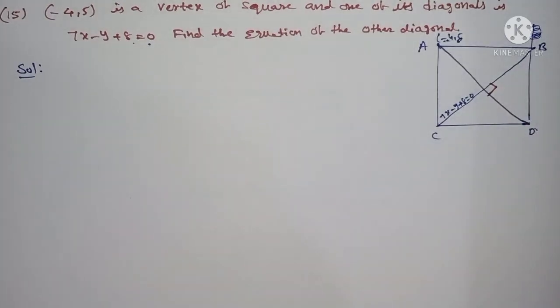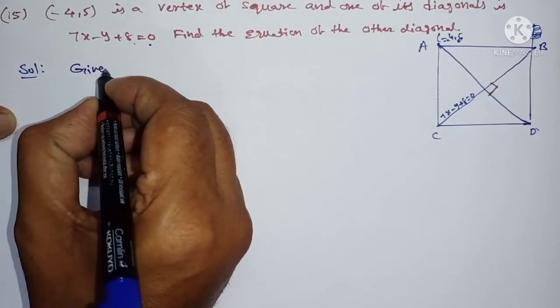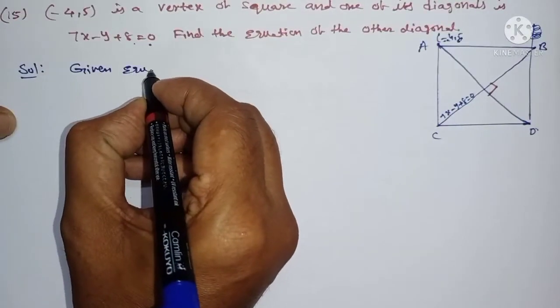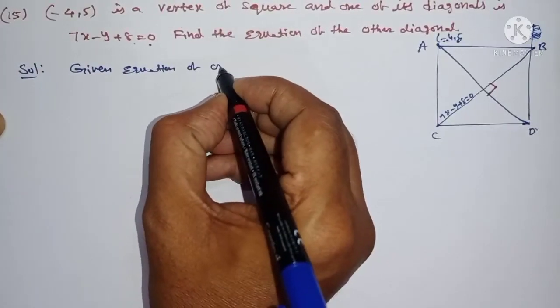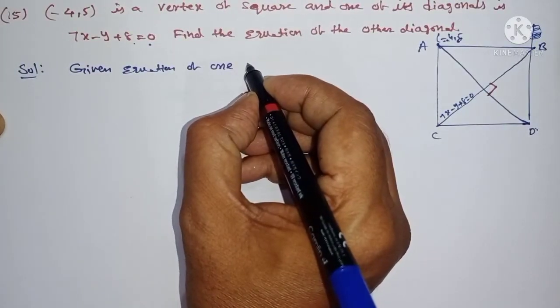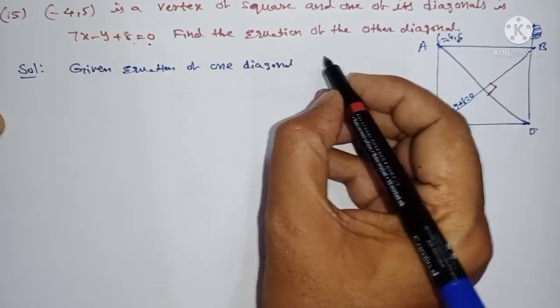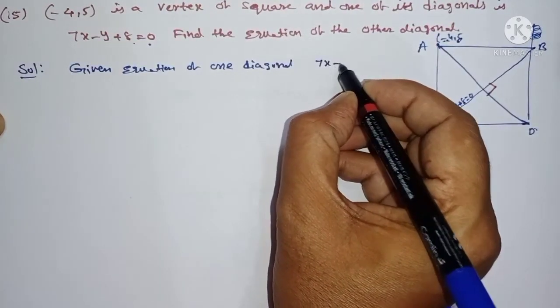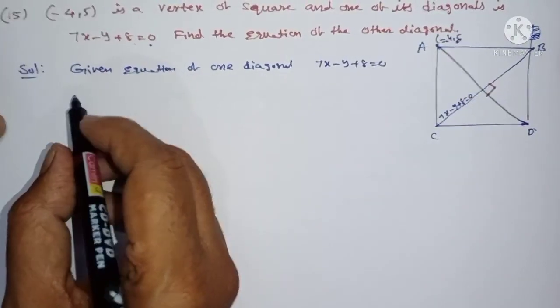This is an explanation. Okay, I will do the problem here. Given the equation of one diagonal, what is it? 7x minus y plus 8 is equal to 0 is given.